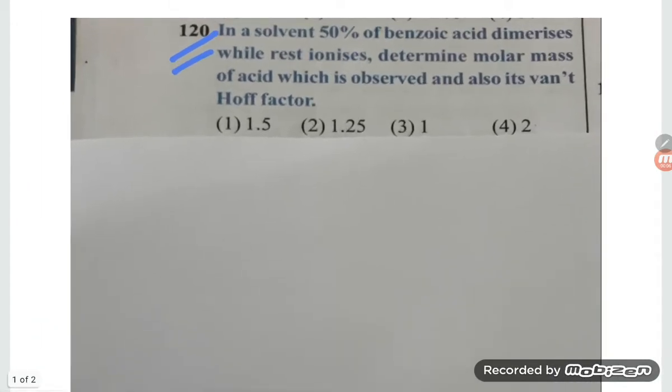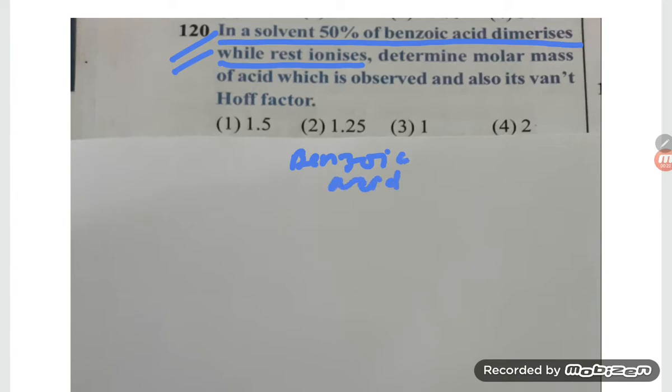Student, if you see this problem, in a solvent 50% benzoic acid dimerized while the rest is ionized. So benzoic acid is there, and two things are happening.